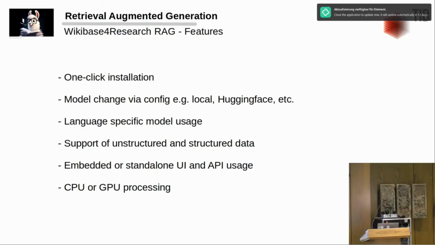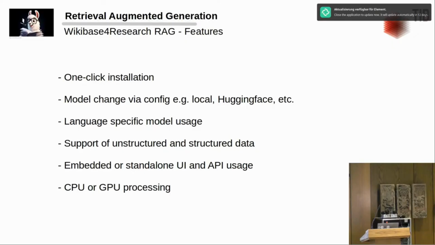Okay, where do we stand? So the current features are that we have, within Wikibase, one-click installation of our RAG system. You can change the models, you can use local models, but also, very interesting, you can use models from Hugging Face, so online models. So you can change, for example, the models depending on the language which is used in your system.